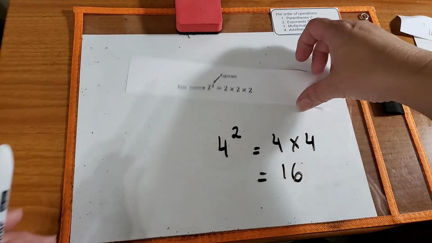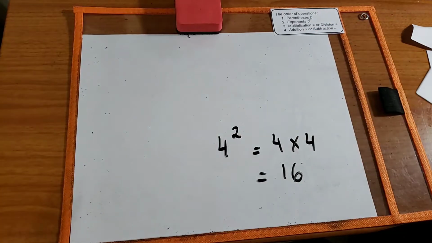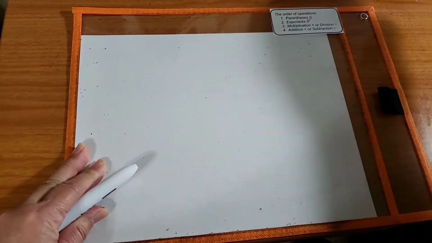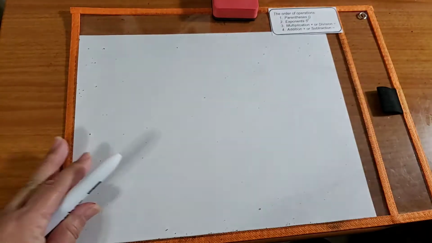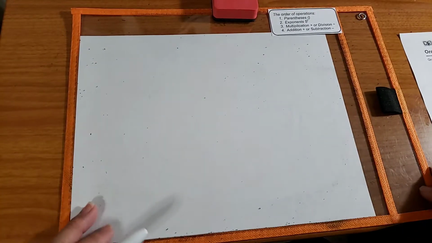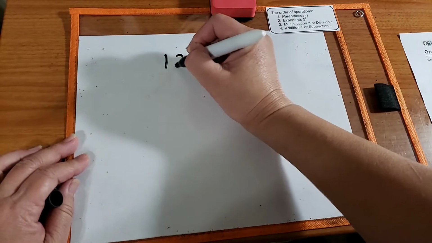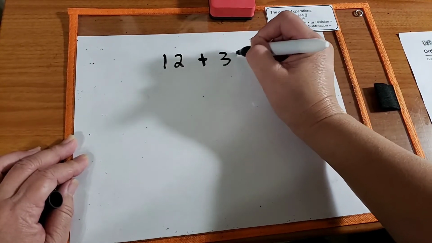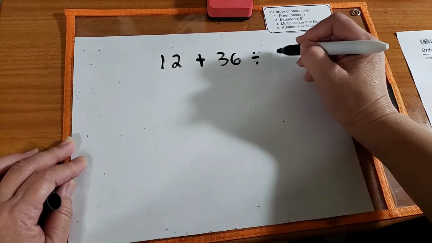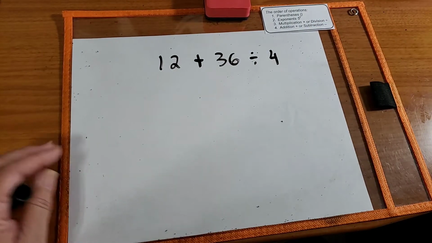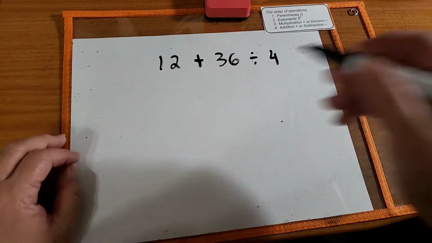So let's do a few problems. And you will get to know it very soon and very easy. Our first problem is this. Let's have 12 plus 36 divided by 4. I'm going to leave 12 alone.